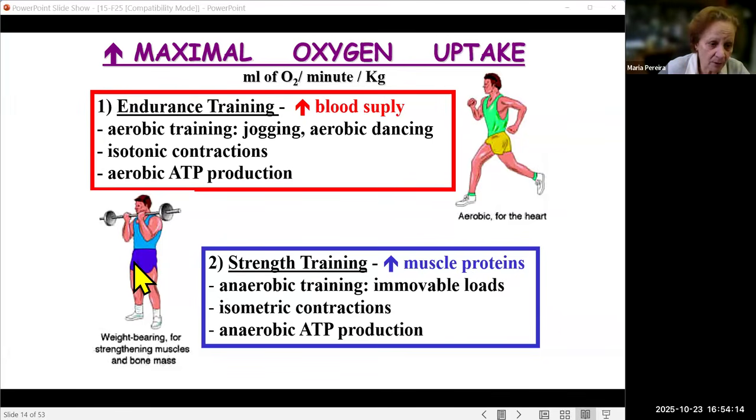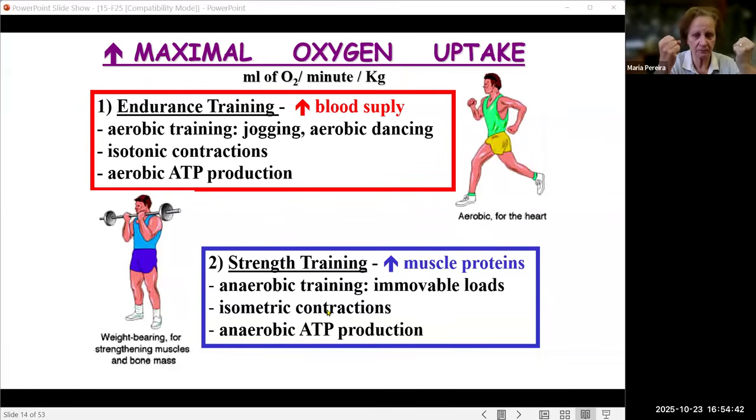So this type of exercise relies on glycolysis, on anaerobic training, because you're not really moving. So the muscles are not changing in size. This is isometric contractions. So you're holding on to a very heavy load for some time. So the muscle size doesn't change.